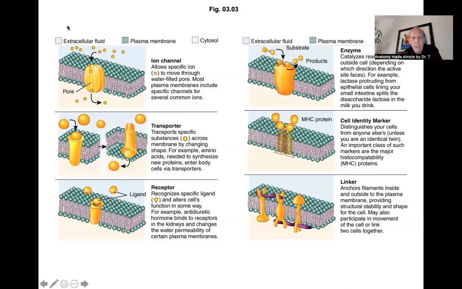So as we can see here, different proteins that are integrated through the phospholipid bilayer could serve either as ion channels or transporters or receptors or eventually enzymes or cell identity markers, or simply being used as some kind of linkers that will allow attachment of different other organic molecules or organelles directly onto the surface of a cell.